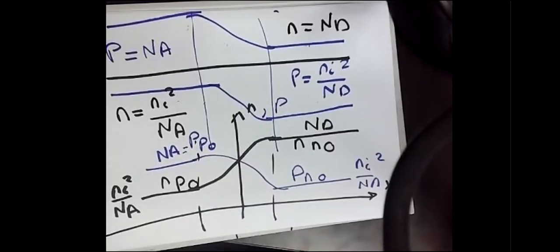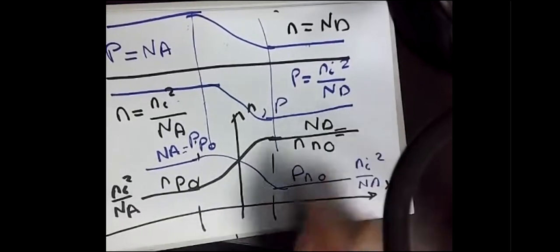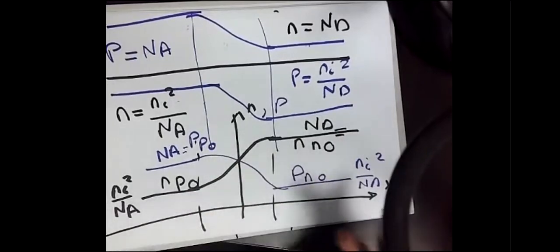So these are the four main concentrations evaluating a PN junction. Of course, PP node equals Na, and NN node equals ND, and you can calculate the minority using the mass action law, Ni squared over Na or Ni squared over Nd. So now we have two facts.